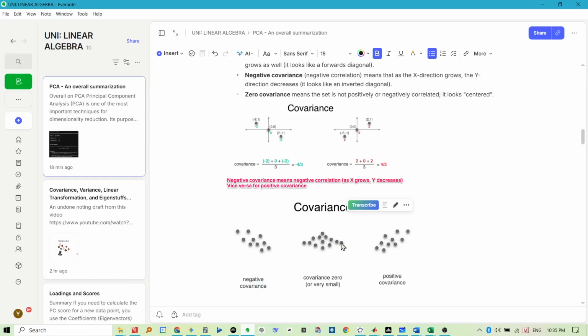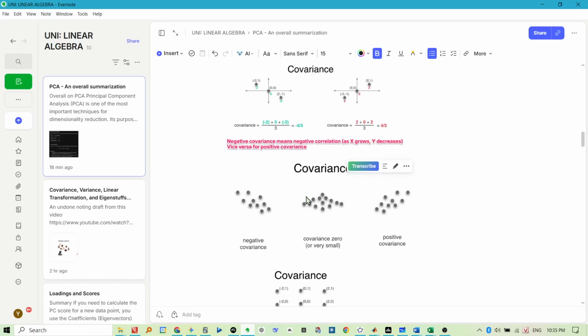As the x direction goes to the right, the y direction remains stable. What do I mean by stable? The y values of all these points are very symmetric, very centered, so they do not have a specific trend of going anywhere. They just stay in the center.